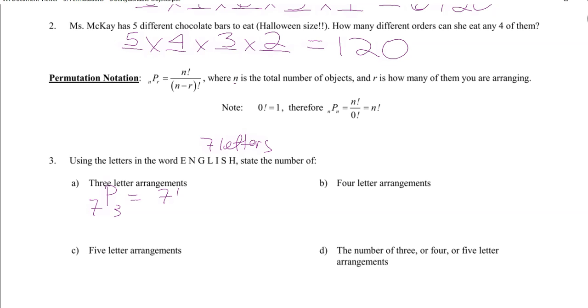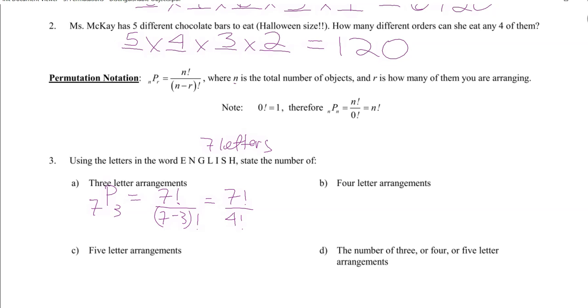Using the formula, that would be 7 factorial over 7 minus 3. nPr, n is 7, r is 3. So 7 factorial over 7 minus 3, n minus r factorial, which will be 7 factorial over 4 factorial.